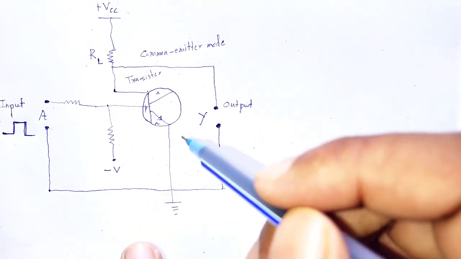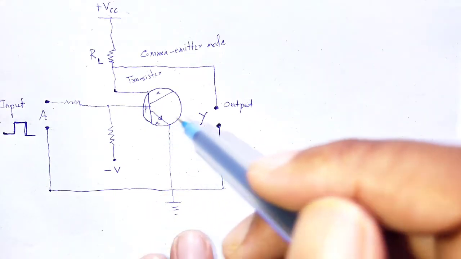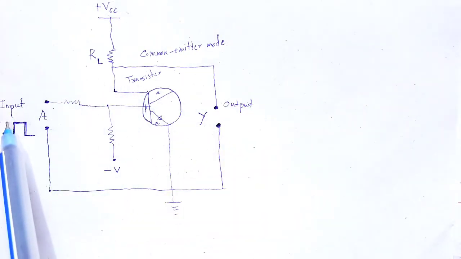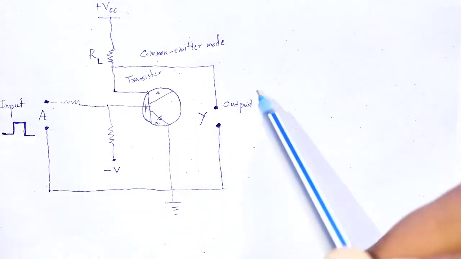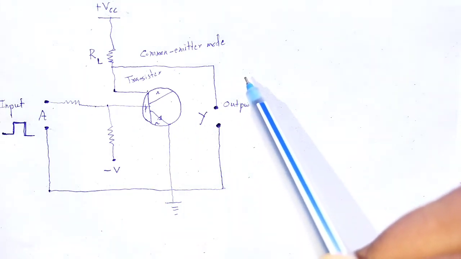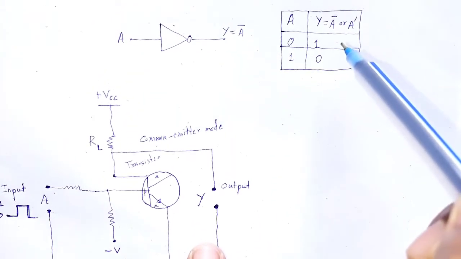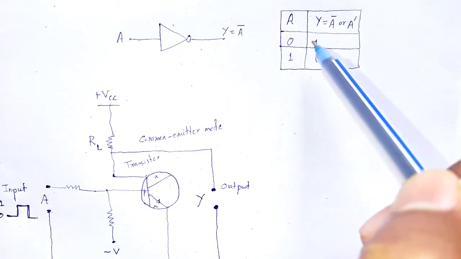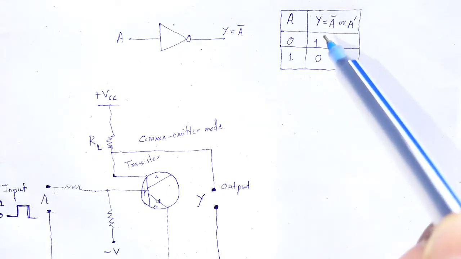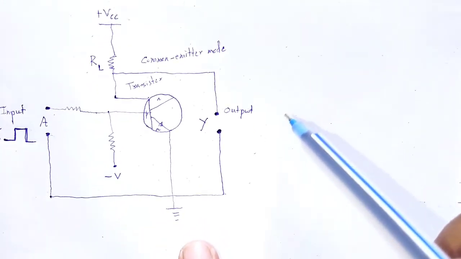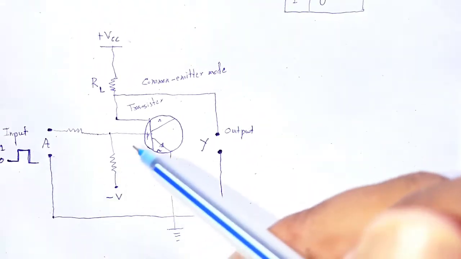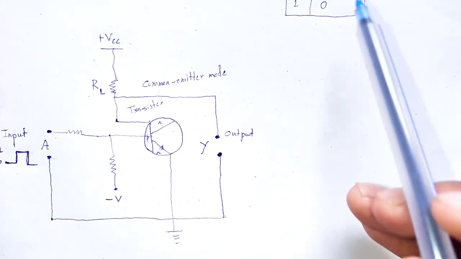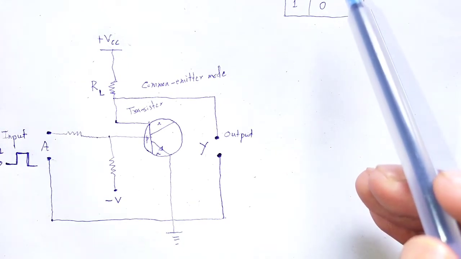In other words, we can say the output reaches high. Here the input is low, but we obtain the output as high, and in binary system we represent it by the binary bit 1. When A is equal to 0, at output we have 1.